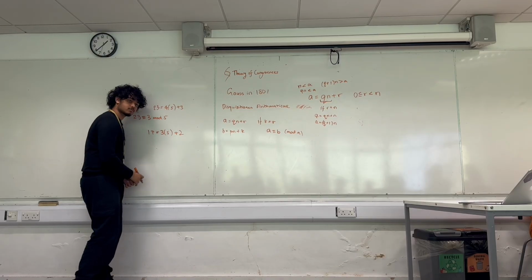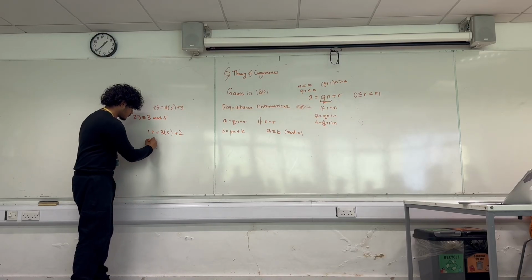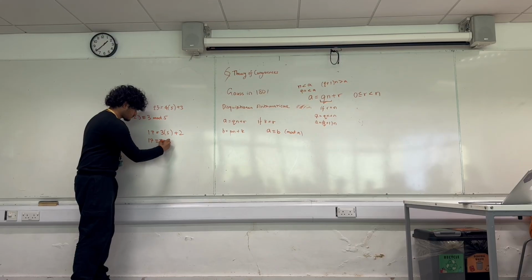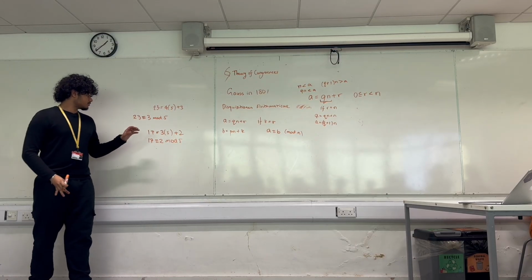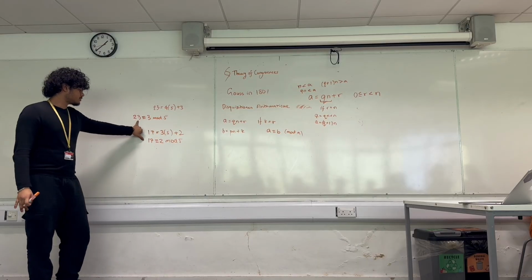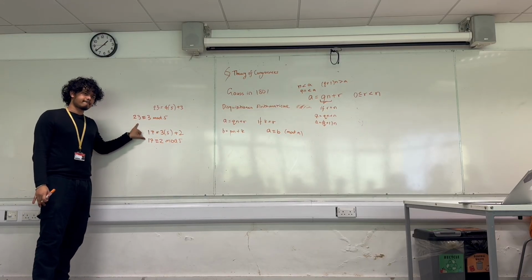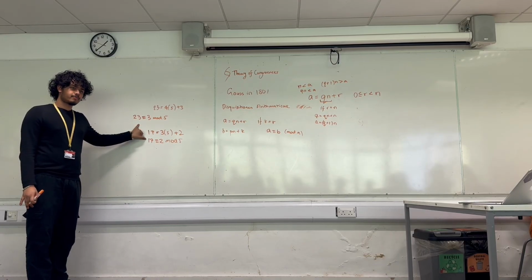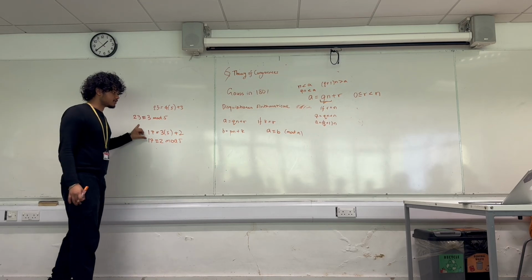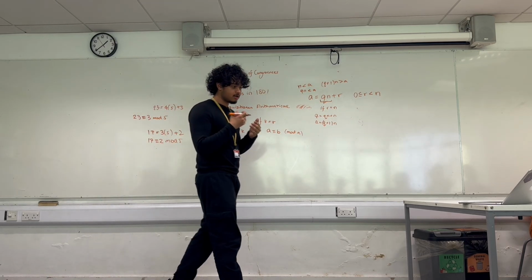And then you can say that 17 is congruent to 2 modulo 5. Nice. So would these two things be congruent to each other? No. Why not? Because they didn't have the same remainder when you do it modulo 5. Exactly. These two things are not congruent to each other modulo 5.